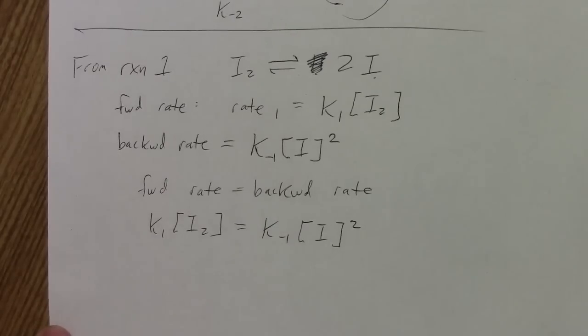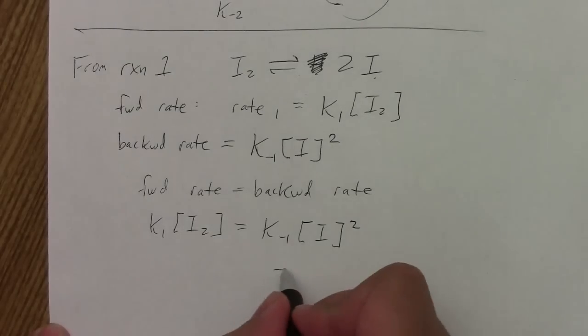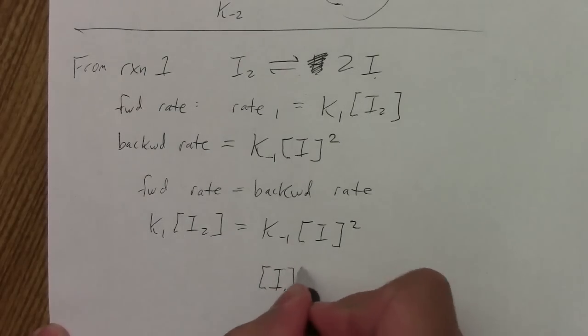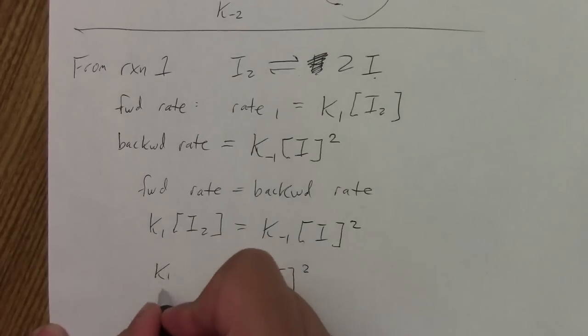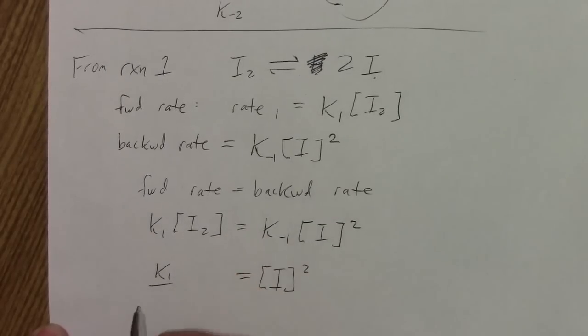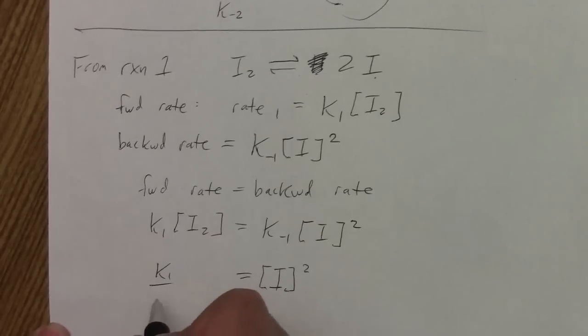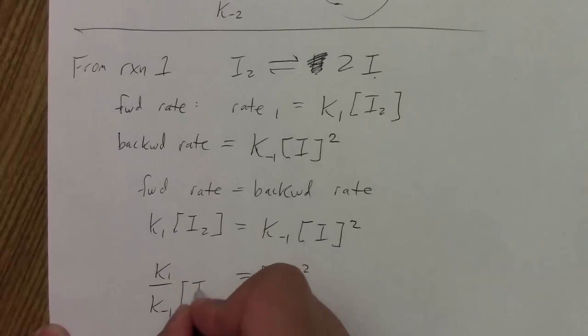If that didn't make sense, just watch what I do, and hopefully it will. I'll keep the concentration of I squared on this side, and on the other side we have k1. We're going to divide both sides by k minus 1. So we have k1 divided by k minus 1, and we still have the concentration of I2.